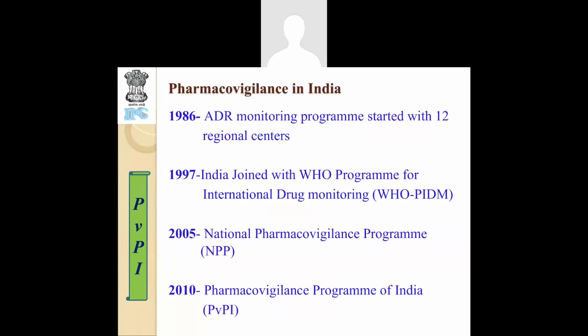Those drugs producing adverse drug reactions, that type of data only was collected in 2005 during the National Pharmacovigilance Program. But it was also not up to the mark, and it was suspended in 2009. And again in 2010, the Pharmacovigilance Program of India, PVPI, was started. Let us see what this PVPI is and how it is working in the further slides.